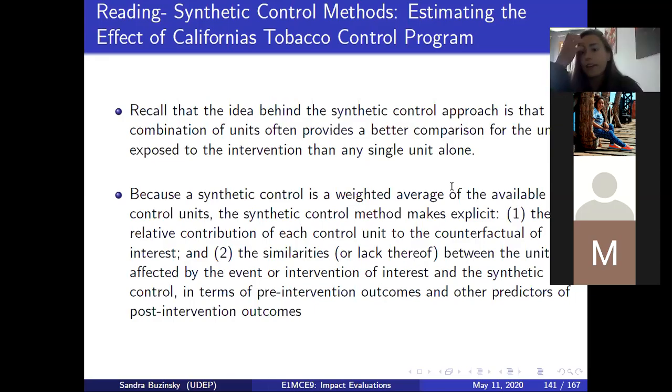And on the other hand, it might be the case that you can't even create a synthetic control using all of your control units if your treated unit is such an outlier that you can't make any linear combinations of the untreated units to form a comparable synthetic control to the treated unit. Does that make sense?